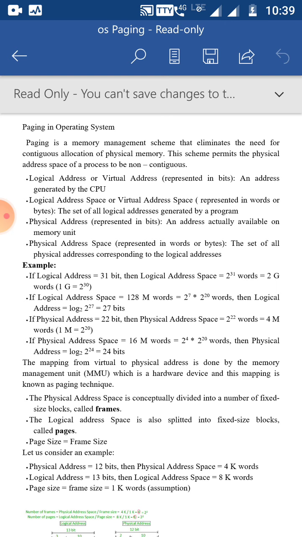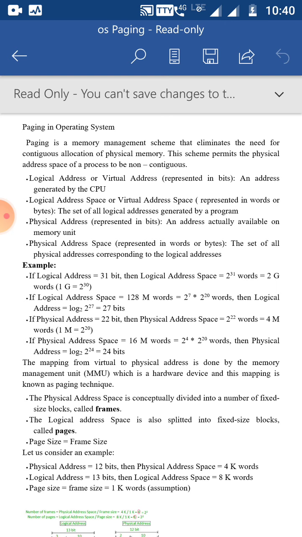Likewise you can find the page number and page offset of 37 and 62. For 37 the page number is 3 and the page offset is 7. Likewise, for 62 the page number is 6 and the page offset is 2.